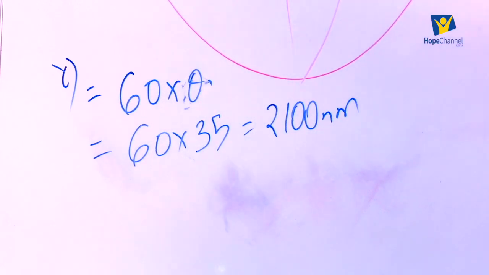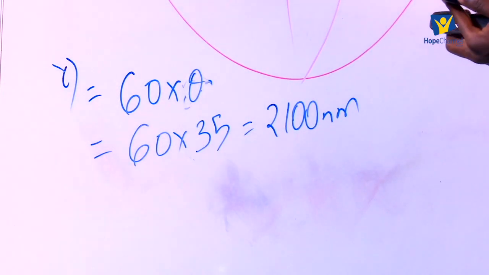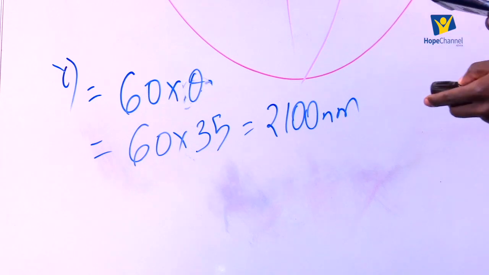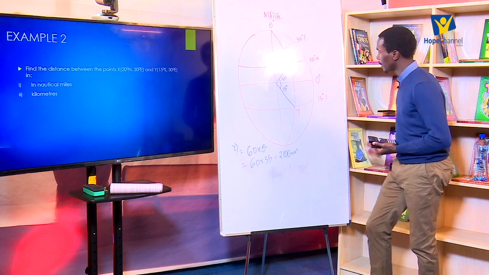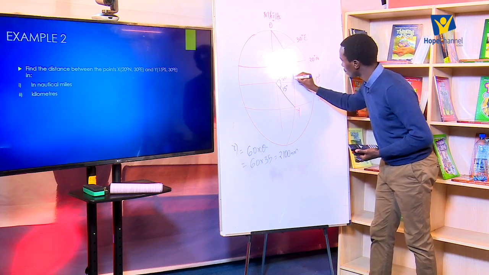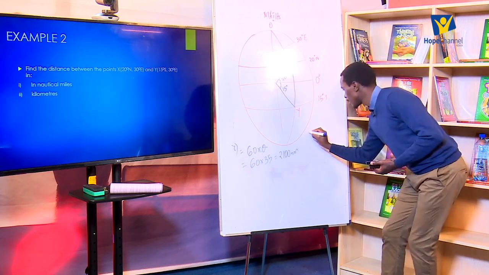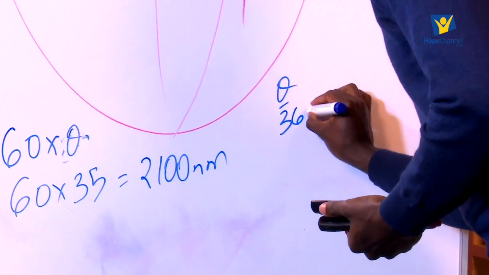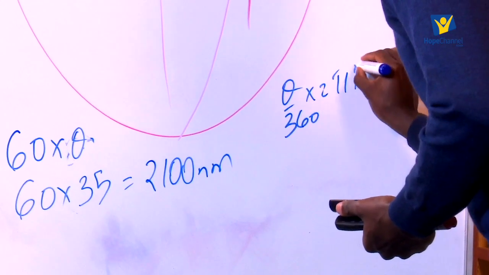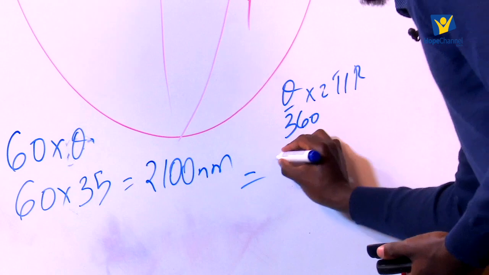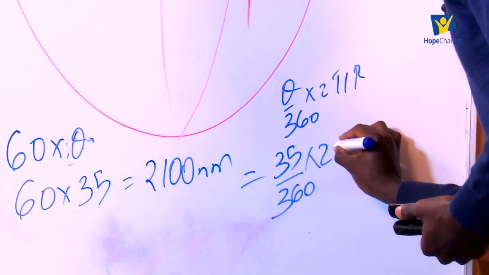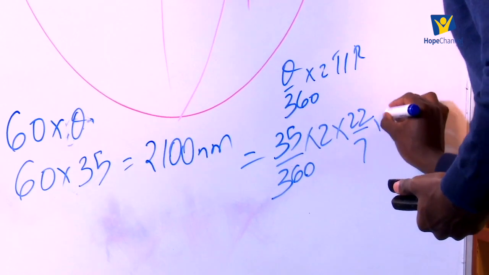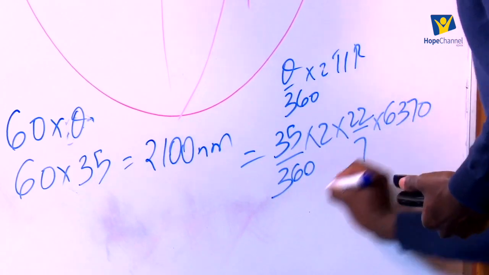After getting the distance in nautical miles, part B is saying that you work out in kilometers. Now remember, in kilometers, what do we do? We already found the angle between them. That is the arc that we need to get. So it's theta over 360 times 2 pi r, which gives us 35 over 360 multiplied by 2 by 22 over 7 multiplied by 6370.